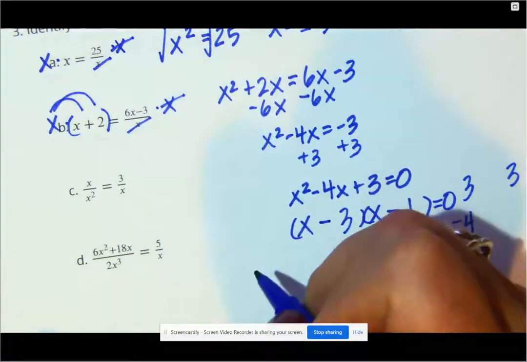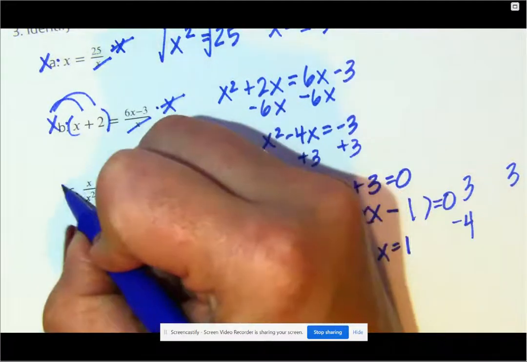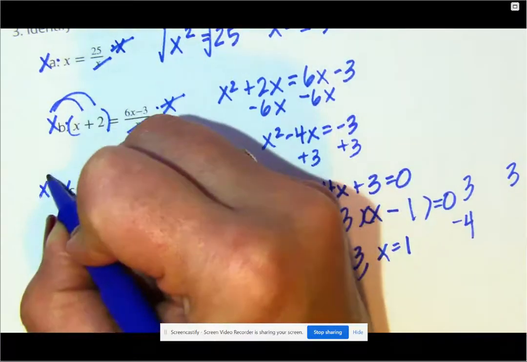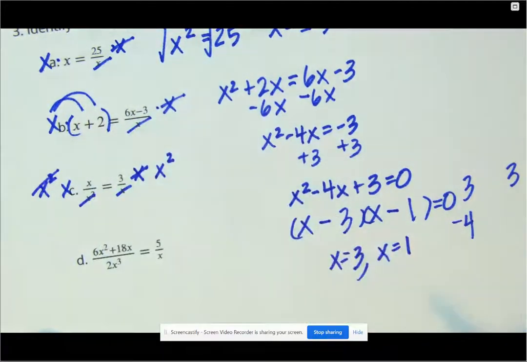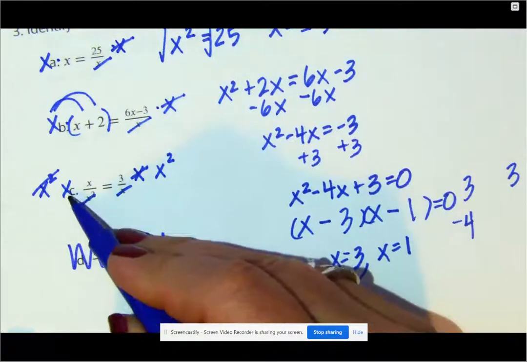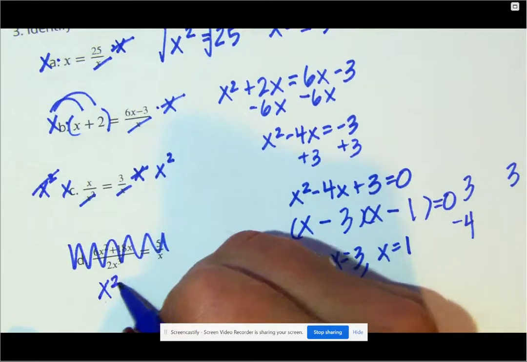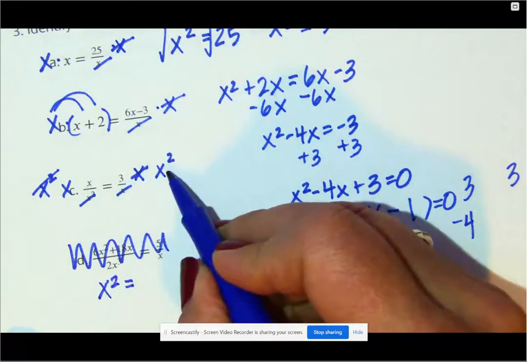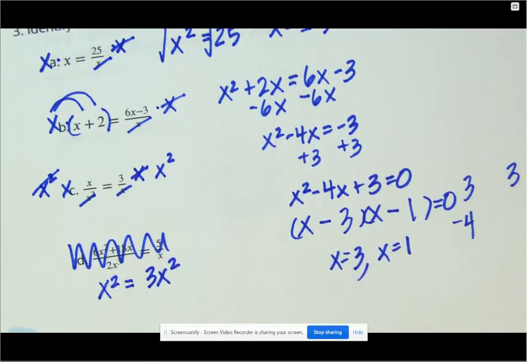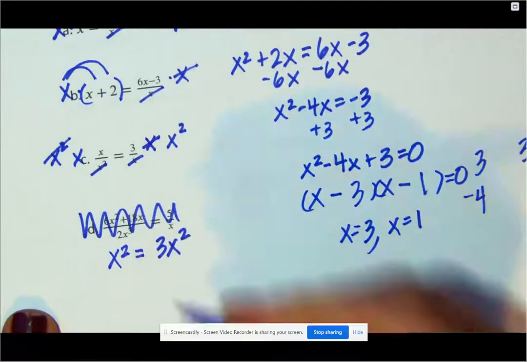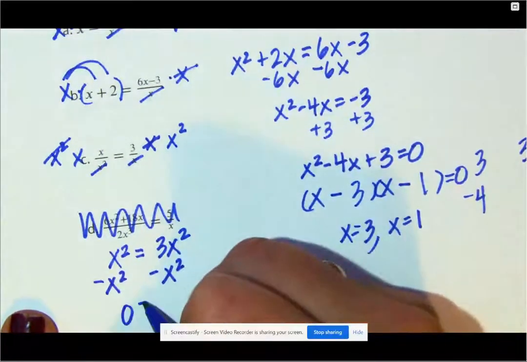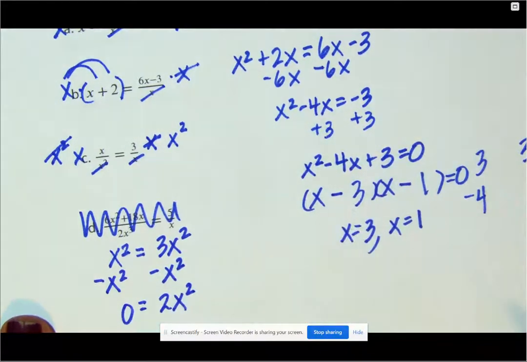All right, letter C. I've got two denominators, so I'm going to multiply both sides by x. That cancels, and both sides by x squared. That cancels. So we're not doing this one; I'm going to cross it out. So x times x is x squared equals 3 times x squared is 3x squared. I've got to get all my x squareds on one side, so I get 0 equals 2x squared.